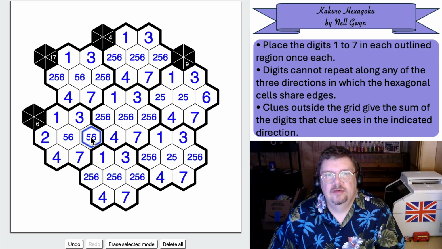Well, actually, if that's a 6, that's a 2 and a 5, so that would make this one a 6. Okay, so that would then be a 2 or a 5. That would make this a 6. That would be 5.